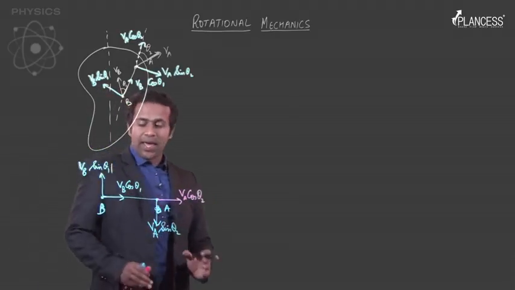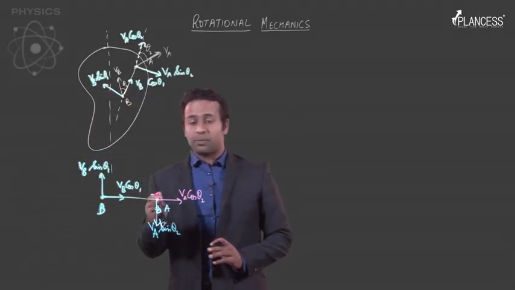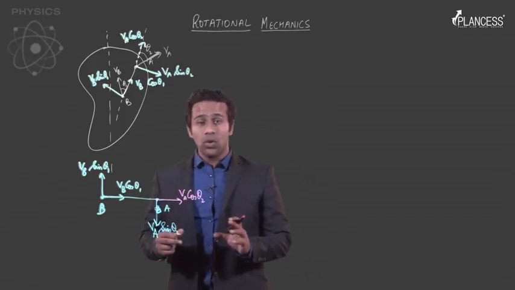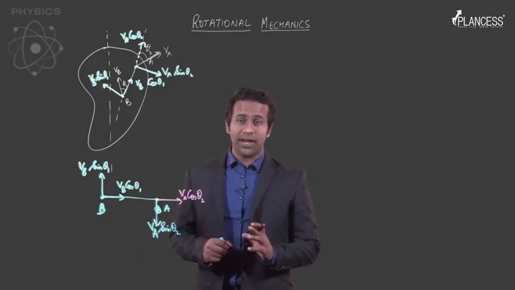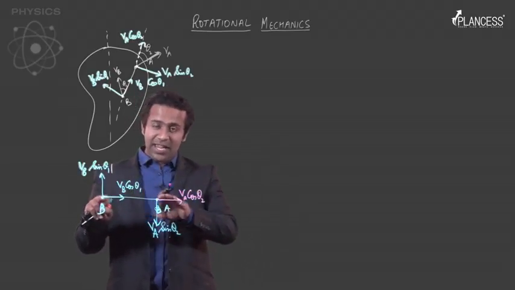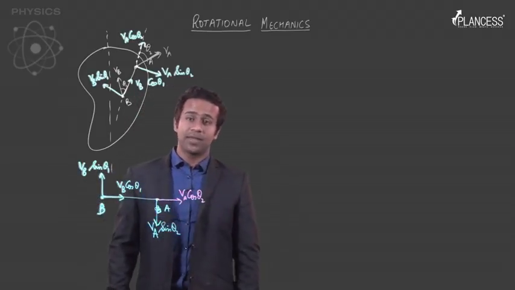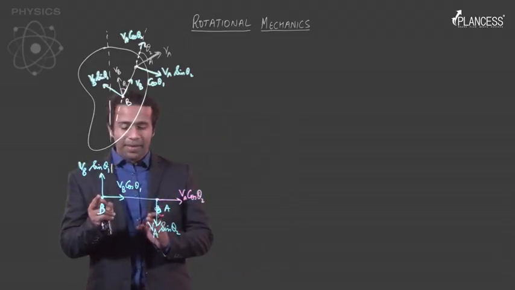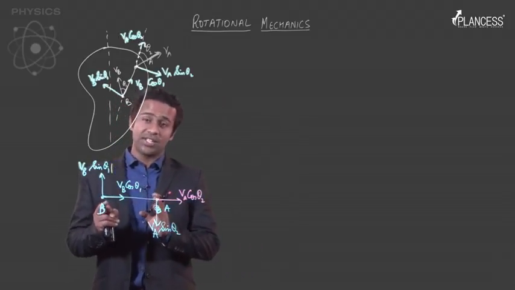So now, if B cannot move with respect to A, this can happen only if there is no relative motion, right? And for no relative motion, they must have the same velocity along this line, right? Because only then B would find A as stationary.